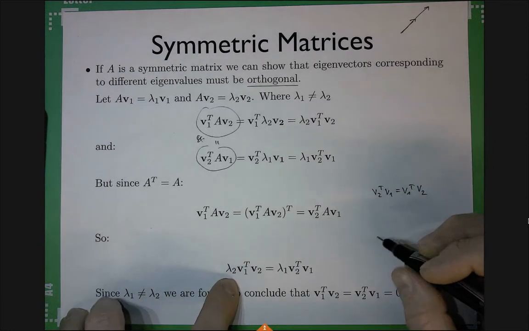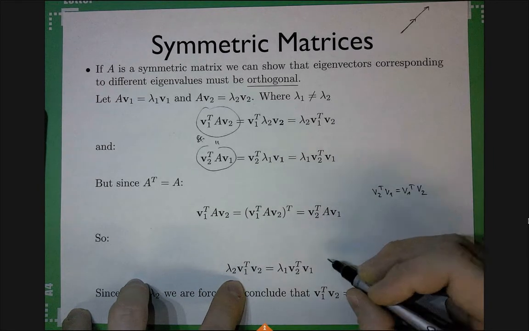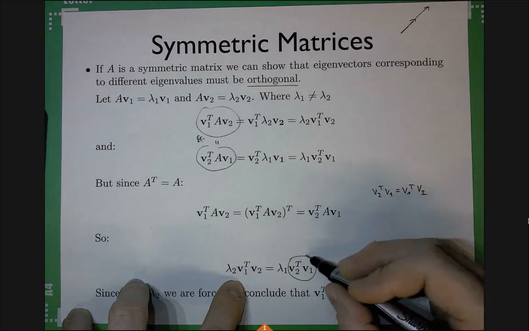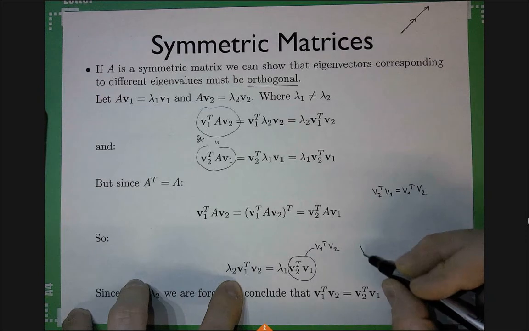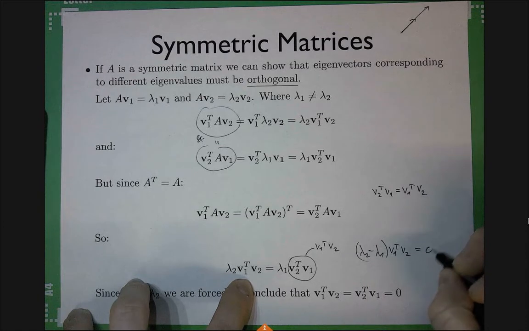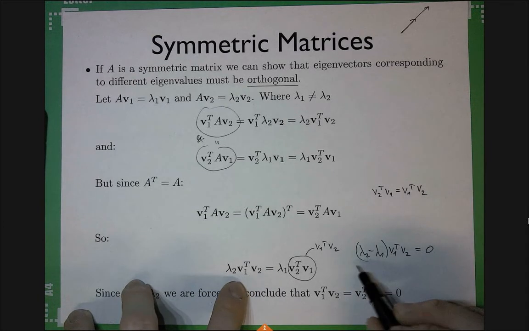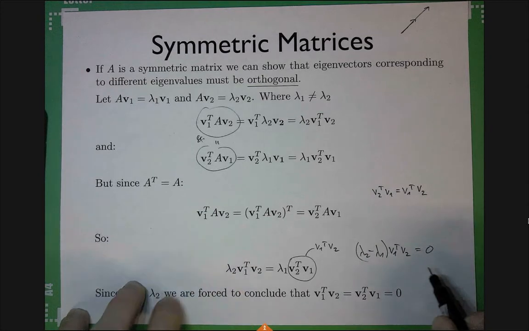So what does it mean? So I can write this as V1 transpose V2, and if I put it all on one side, because these things are the same, then I have this, right? Lambda 2 minus lambda 1 times the dot product of V1 and V2 must be 0.